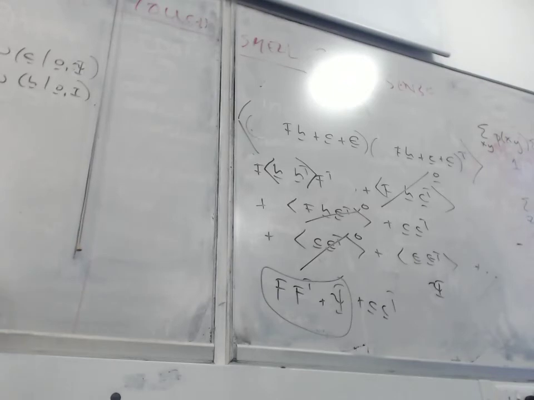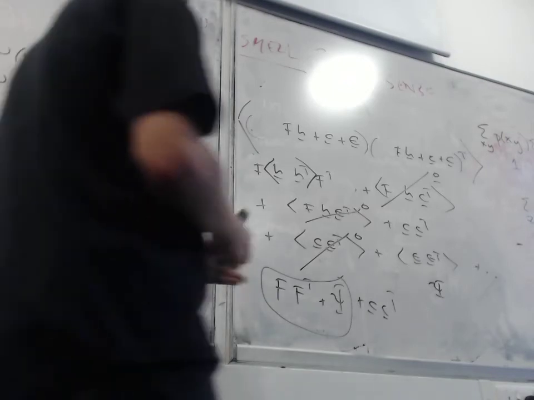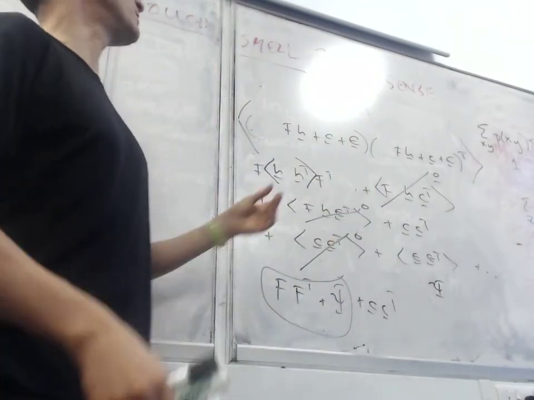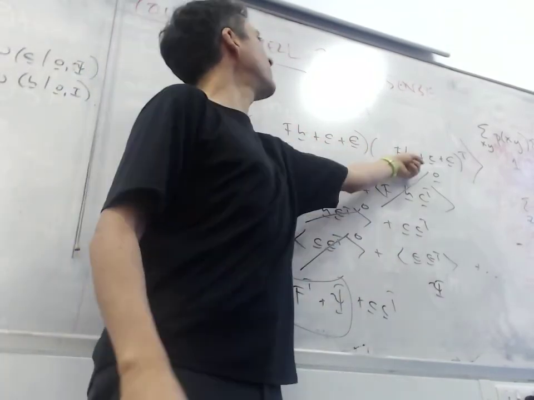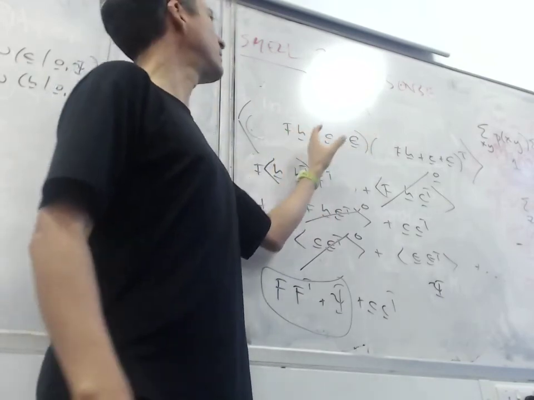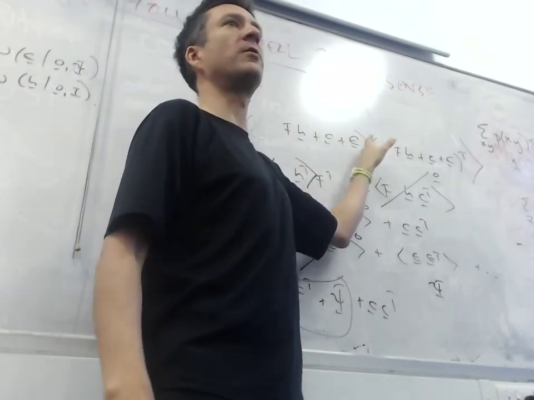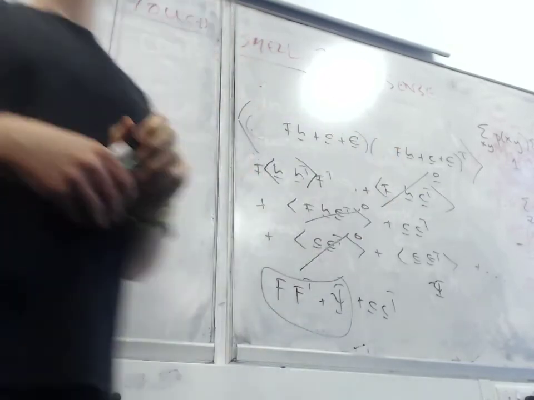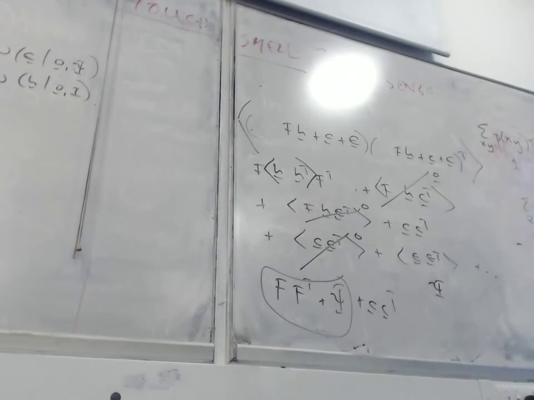So this looks complicated, but actually, when you see this, all of these terms are cancelling. The only things which are not going to cancel are this term here, f times the covariance of h, f transposed, and epsilon epsilon transposed, which is psi. So you know instantly, you don't need to go through this step at all. It's just instantaneous. You can literally do it in your head.